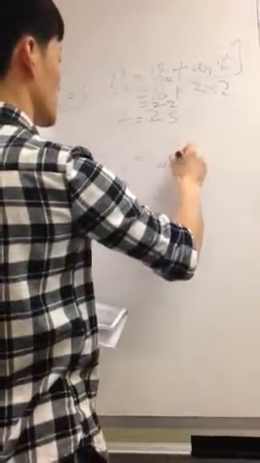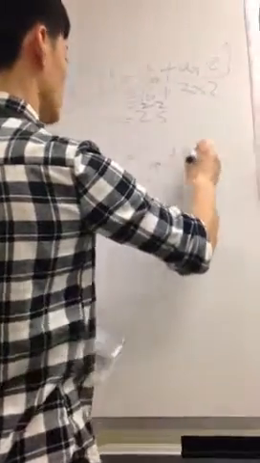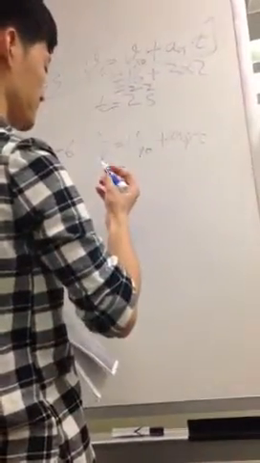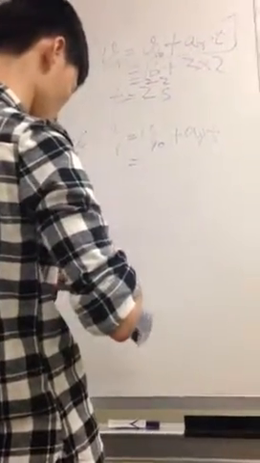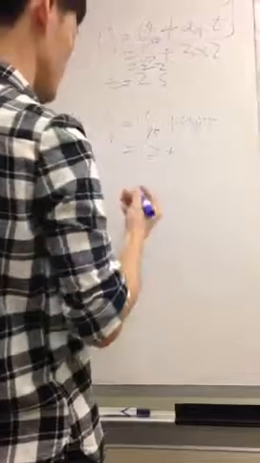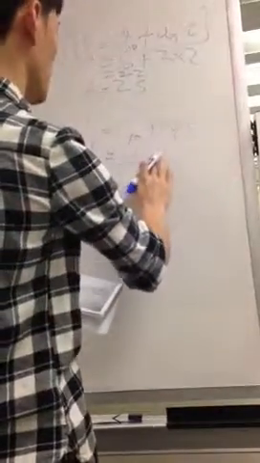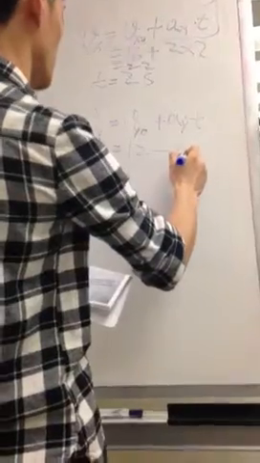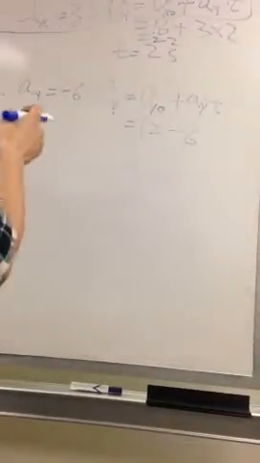The initial is negative 12 plus negative 6 times 2, which is negative 24.